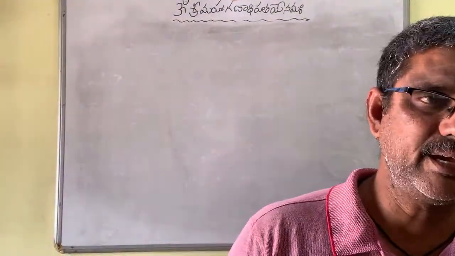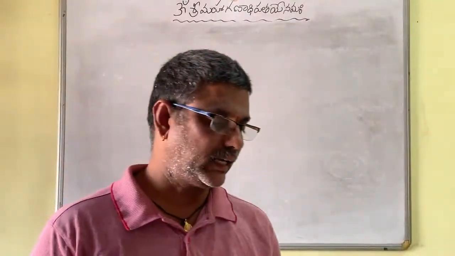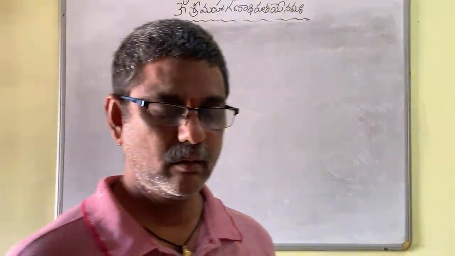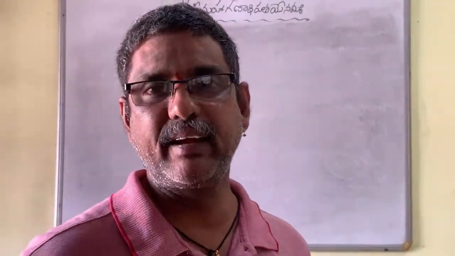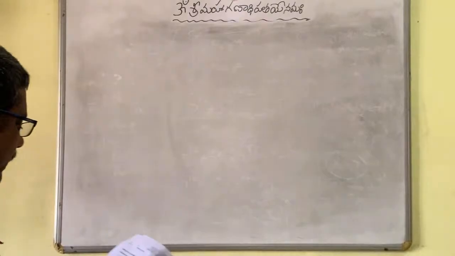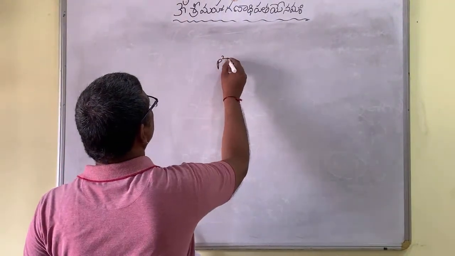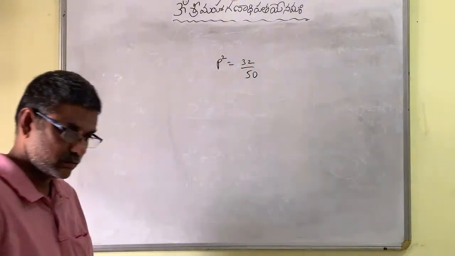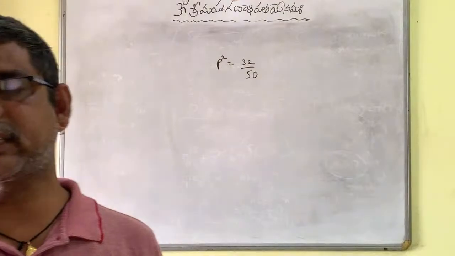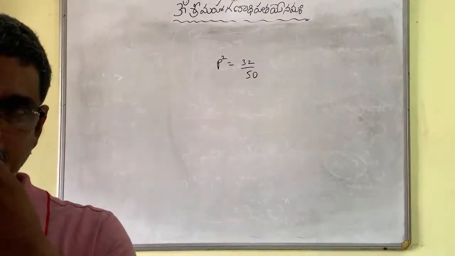Second question, see. P square is 32 by 50. Then what is P? He is not asking the P value. You can see the options, children.